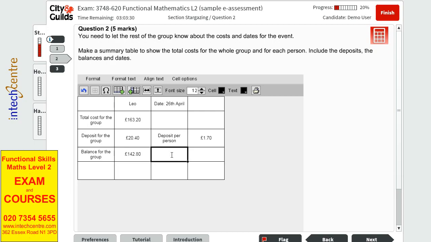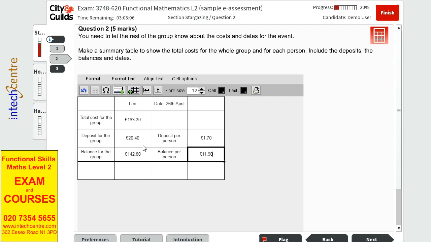And the next one, the balance to be paid per person, it will be of £11.90. Right, and this is it.